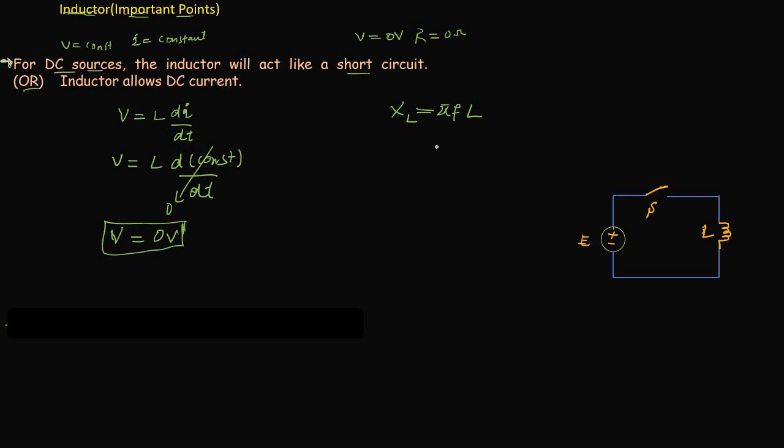For DC sources, we know that the frequency is equal to 0 Hz. As a result, the impedance XL will be equal to 2 pi, times the frequency of a DC source current which is 0, into L. So the impedance of this inductor is equal to 0 ohms.